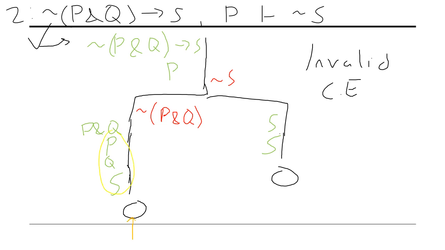And I have P, Q, and S. So I'm just going to put true for all three, because they're all three on the left-hand side. So that is the second one.